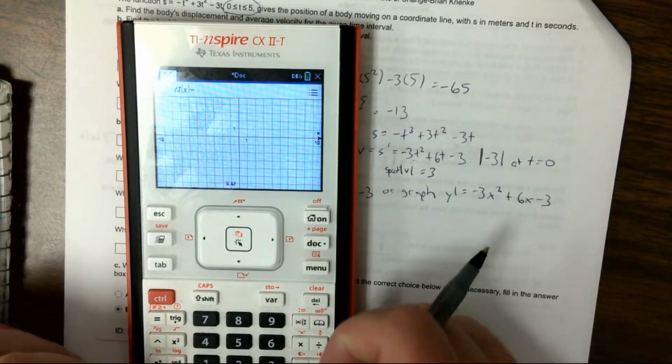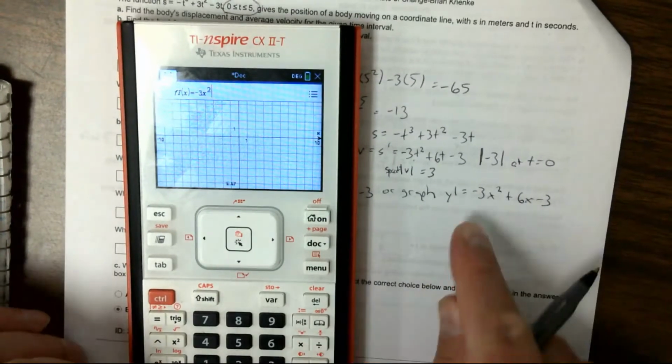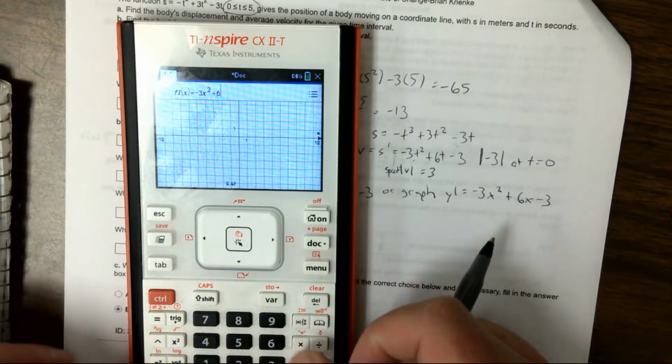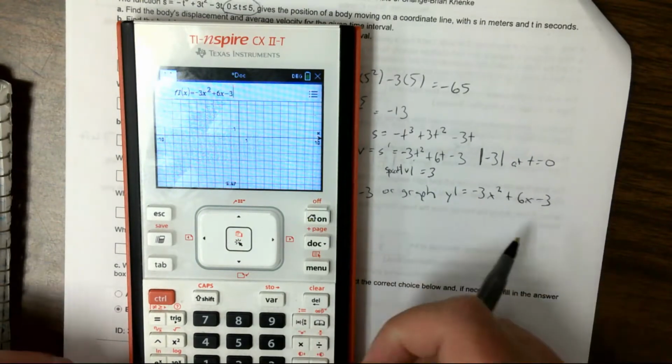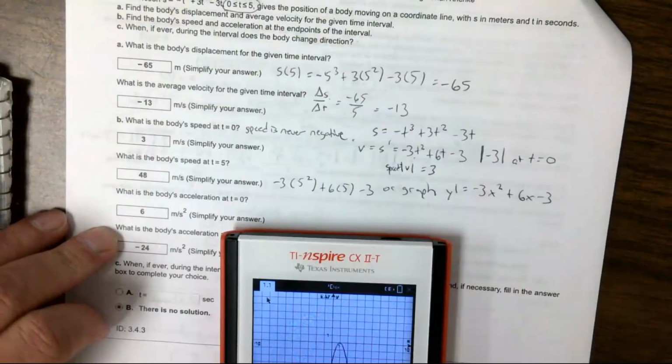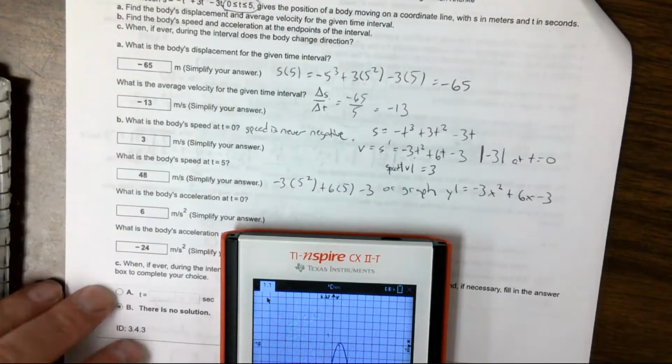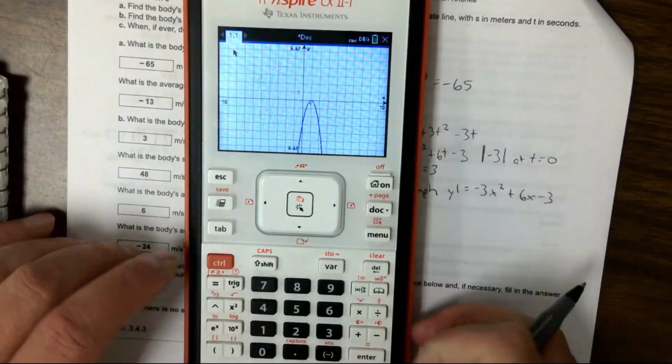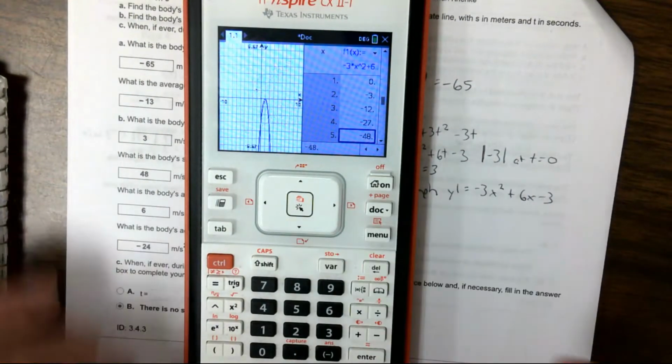So negative 3x squared plus 6x minus 3. Okay, there's my graph, and what we care about is at 5. So I go Control T and go down to 5, and I get negative 48.